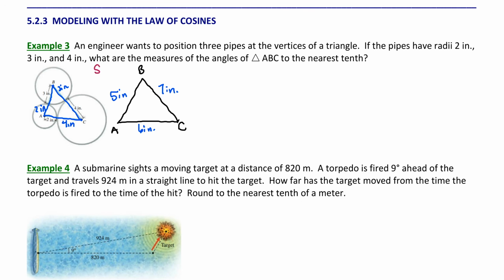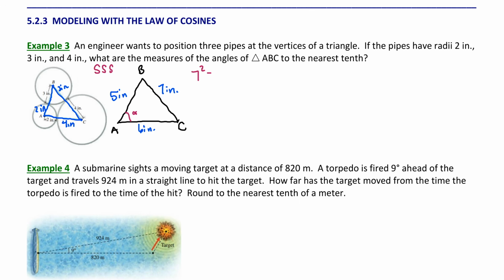In the side, side, side case, it's always a useful thing to begin by solving for the largest angle. The largest angle is opposite the largest side. So we'll label this as angle alpha, and it's opposite the largest side of 7 inches. We can solve for this by applying the law of cosines.